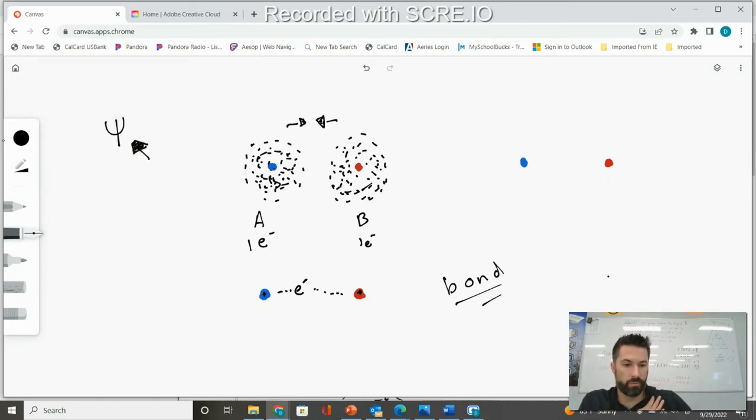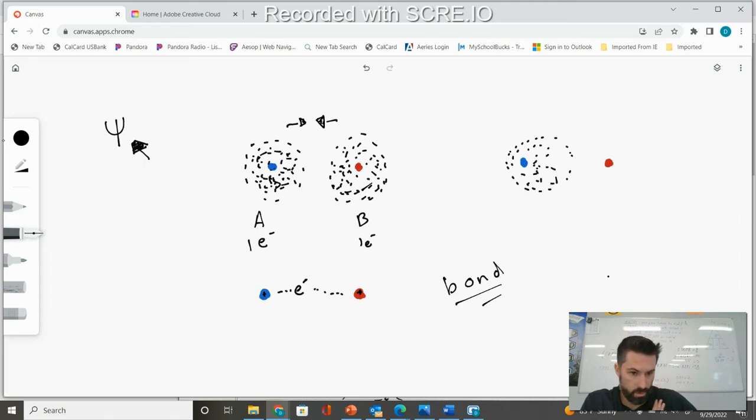Let's do black for the electron cloud for A and a different color for the electron cloud for B. Now my electron is starting to get attracted over to the red nucleus, the nucleus of B. So instead of spending all of their time equally spaced around, we're going to see something like this.